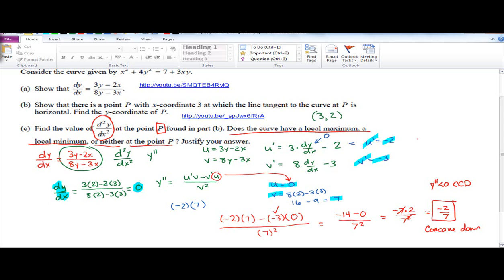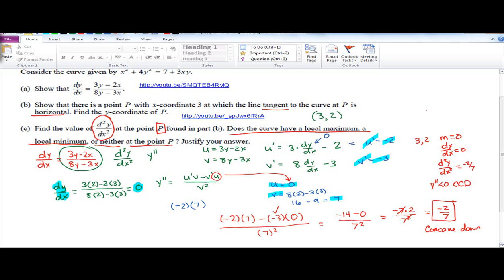Well, point P, we said, was the x-coordinate of 3, the y-coordinate of 2.